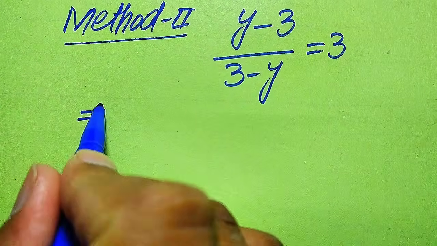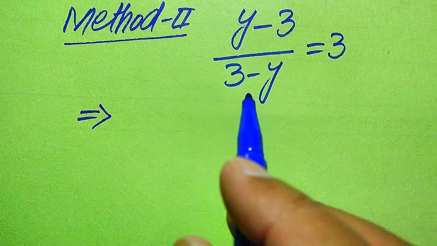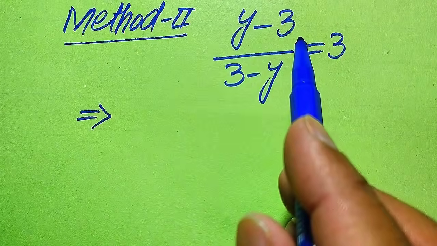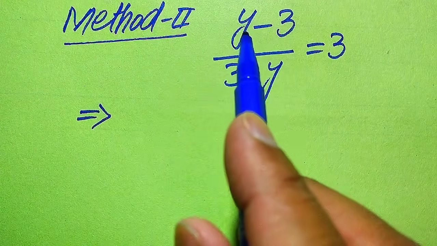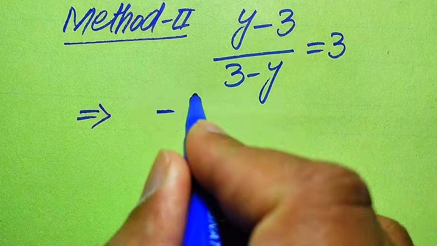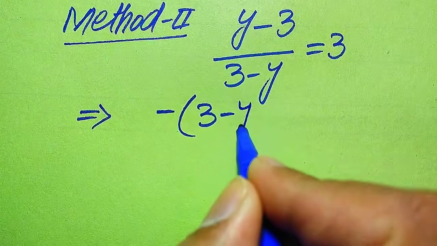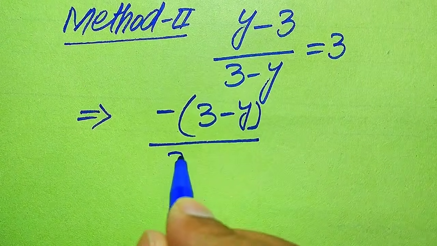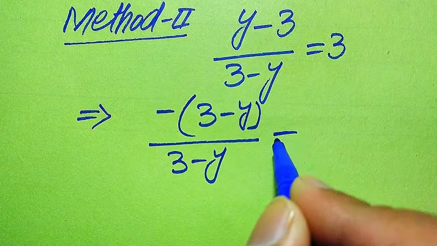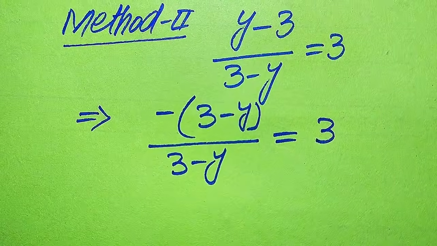In this method we need to focus on the numerator term. This is y minus 3, and when we take a common negative sign from here, it becomes minus times (3 minus y) divided by (3 minus y) is equal to 3.